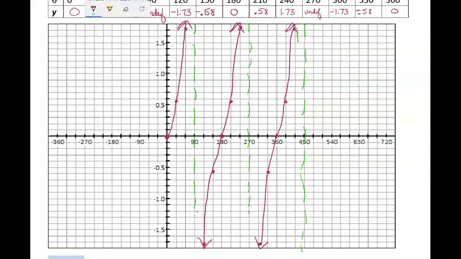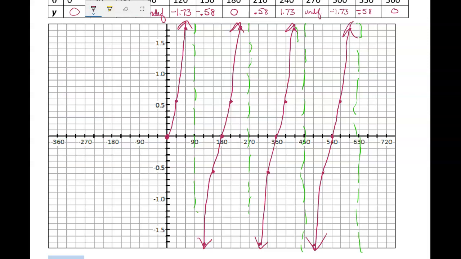And then we can sketch a little bit more. And maybe we won't sketch in all of the cycles. We have a vertical asymptote there at 630, because this one repeats a little bit more often.